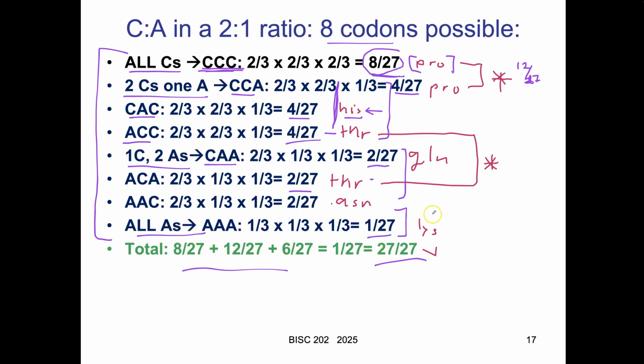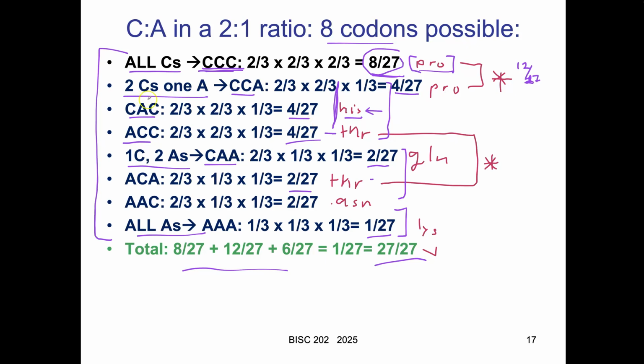And then we already knew what all 3 A's was. And so we would get this information, and what we could infer from that is, okay, proline has 3 C's, or it has one of these, 2 C's and 1 A. And then threonine has one of these and one of these, and so on. And then you start manipulating the amounts more and see which ones go up and which ones go down.